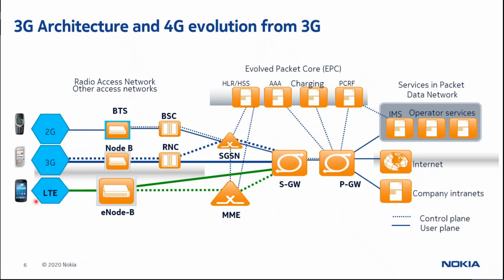But if you have established a browsing session, or a streaming or a download or some packet data related session, your path, the solid line, will travel like this, either to the internet or to the other phone user. So the dotted line represents the control plane, and the user plane is represented with a solid line.